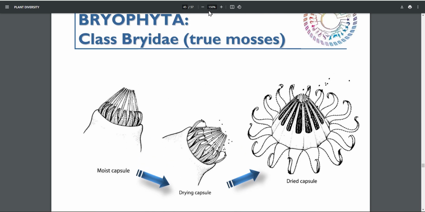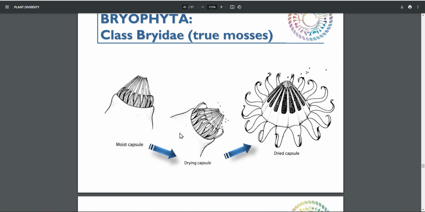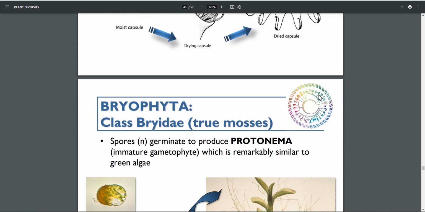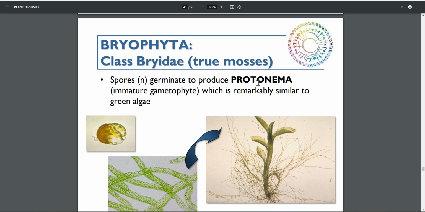And you can see for the life cycle to happen properly, the mosses need a period of dryness and wetness. So it will first need some rain and then moisture, and then dries up to release the spores. Spores would germinate into something called the protonema.